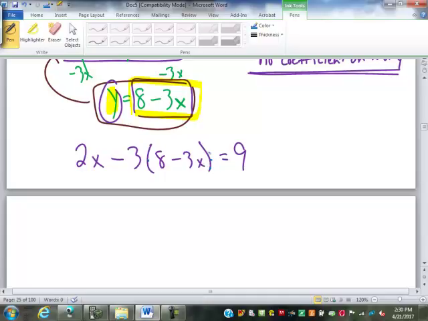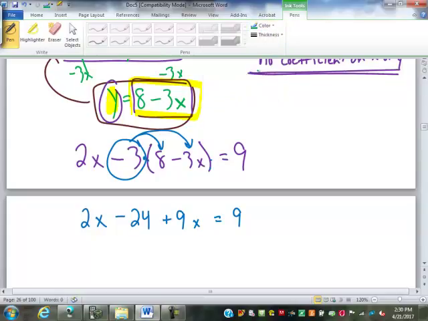We can't combine anything inside, but we do have to multiply by the negative 3. So our 2x is not going to change. Negative 3 times 8 is negative 24. Negative 3 times a negative 3x is positive 9x. And that equals 9.